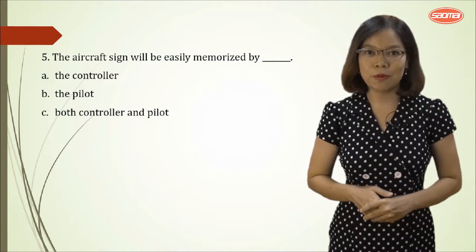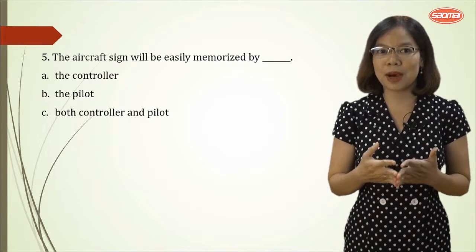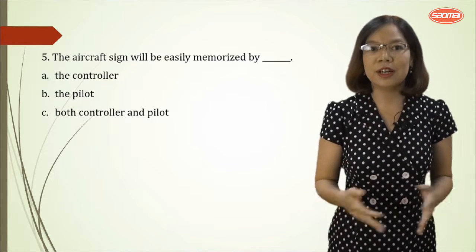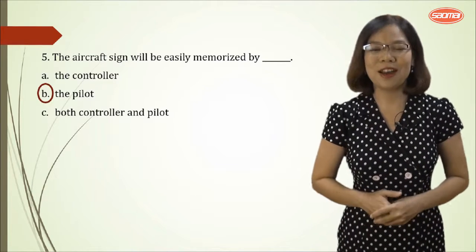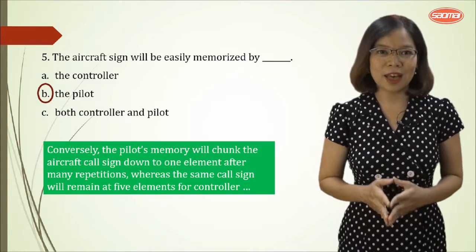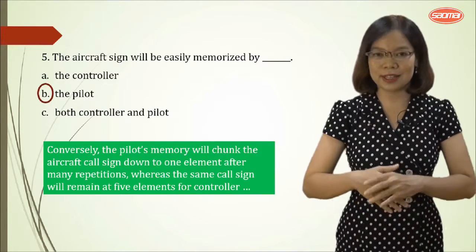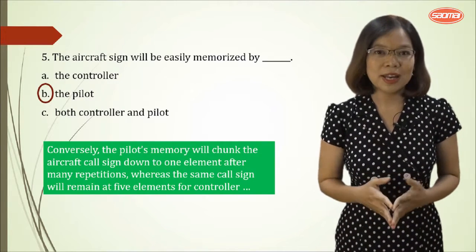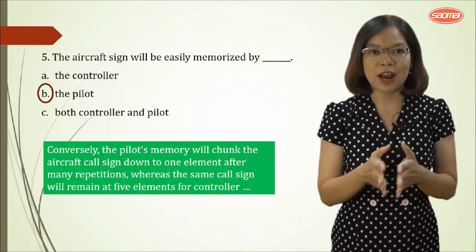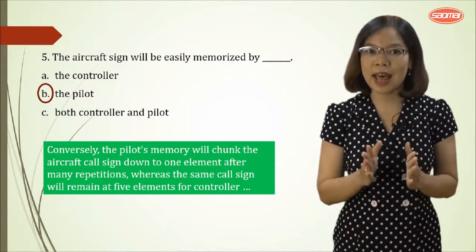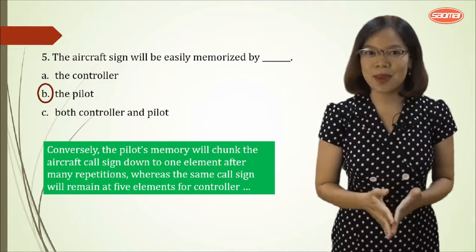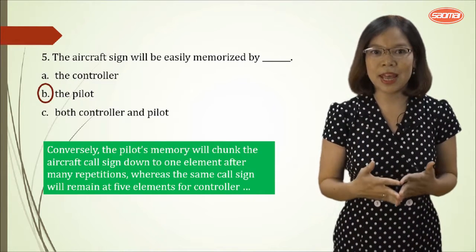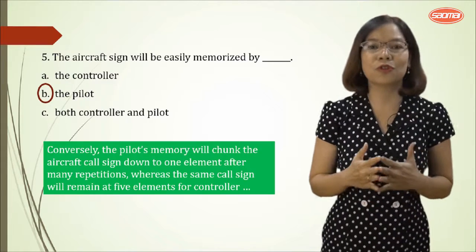The aircraft call sign will be easily memorized by the controller, the pilot, or both of them. So we have the pilot. Why? Because if you look at this part, the pilot's memory will chunk the aircraft call sign down to 1 element after many repetitions, whereas the same call sign will remain at 5 elements for the controller.